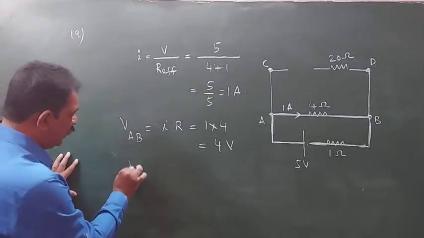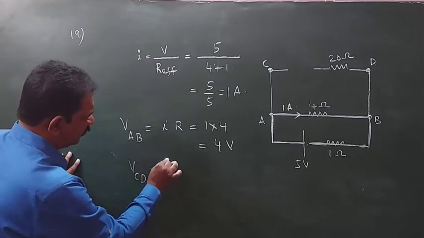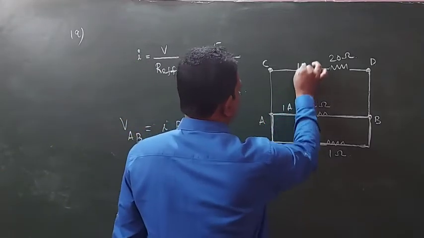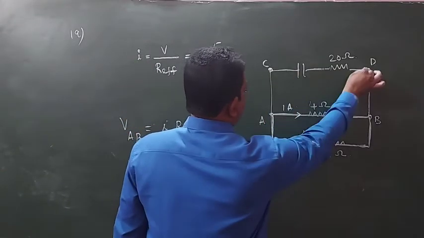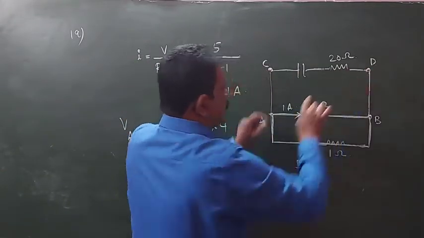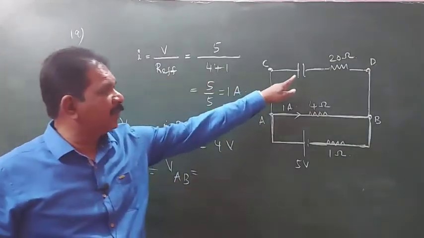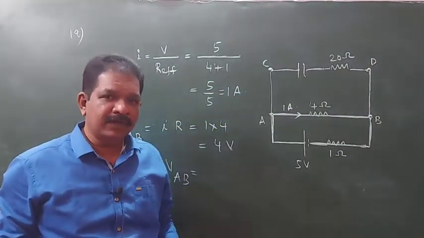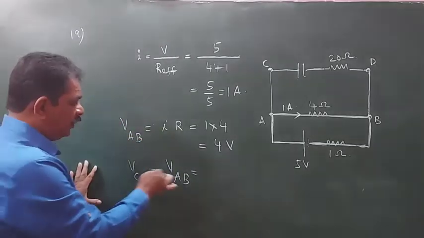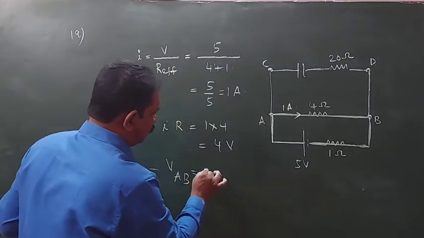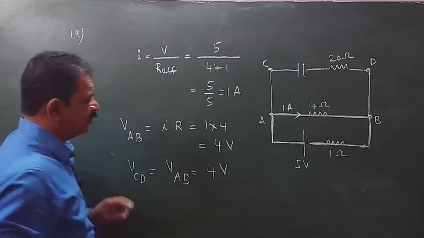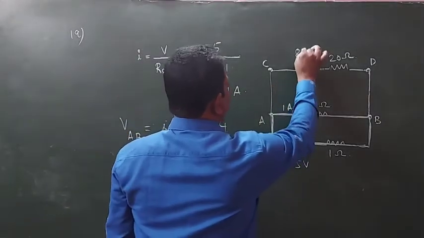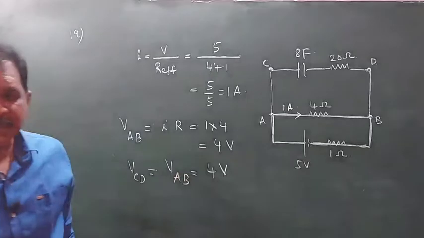So PD across CD how much? That will be equal to PD across AB. Current will not flow, but potential difference will be there. But this capacitor is not allowing that current to travel through this. Understanding? So VCD is equal to VAB. This is equal to 4 volt. Charge on this is how much? Potential difference is there, na?